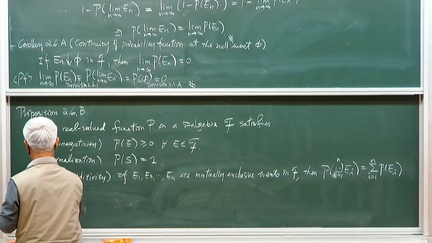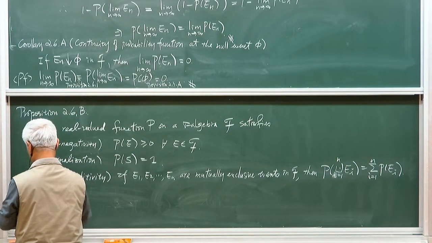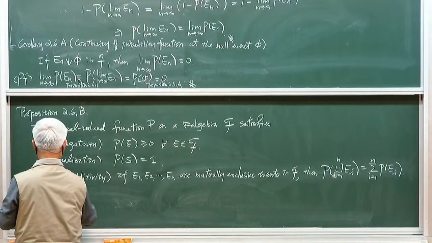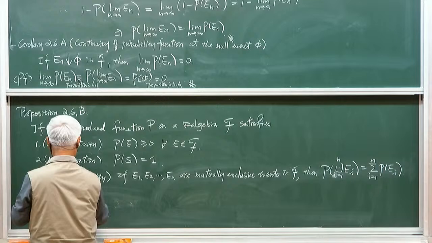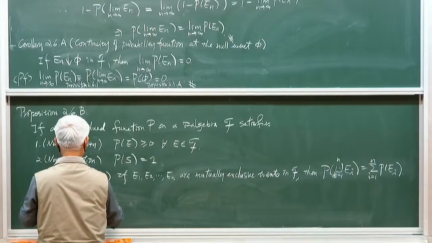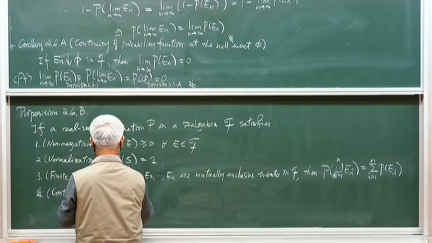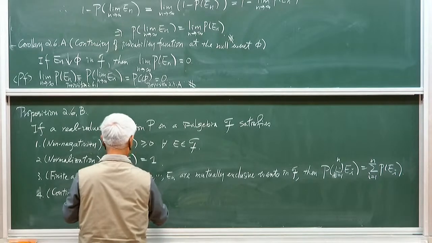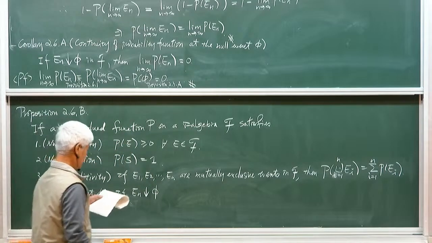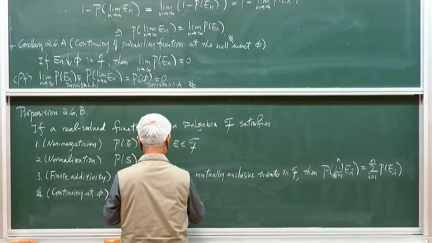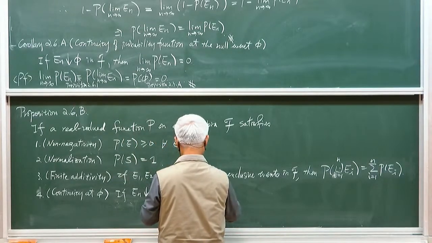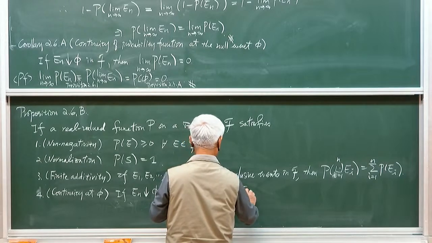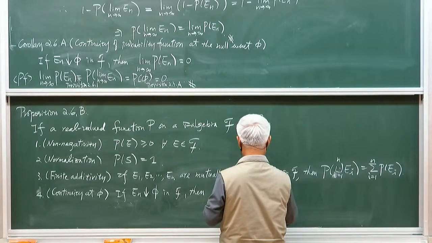And fourth, continuity at the empty set: if En is decreasing to the empty set in F, then the limit of the probability of En goes to 0.